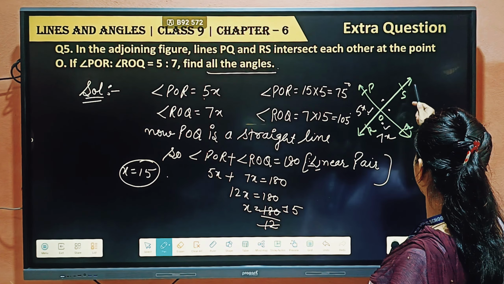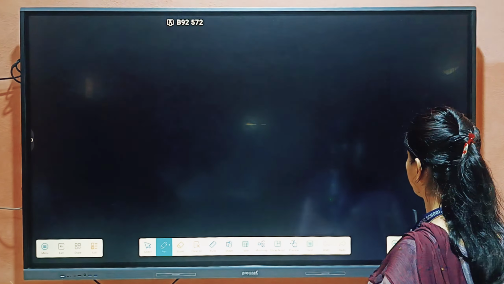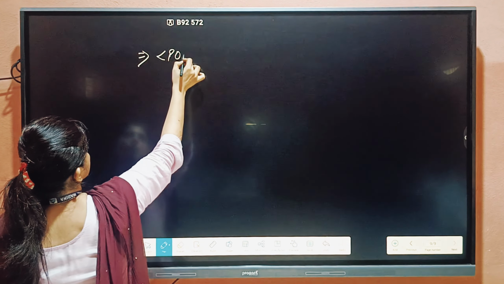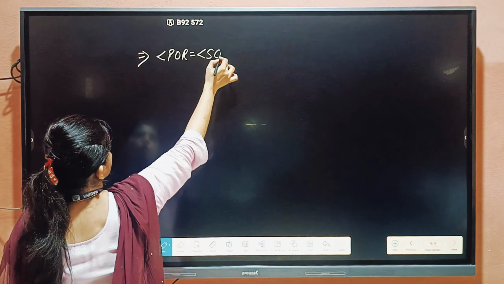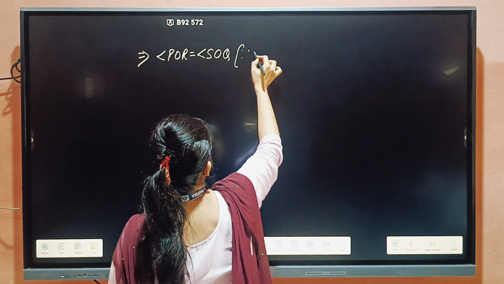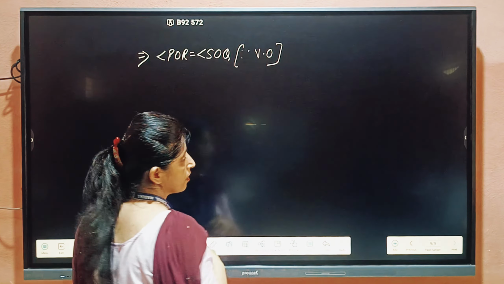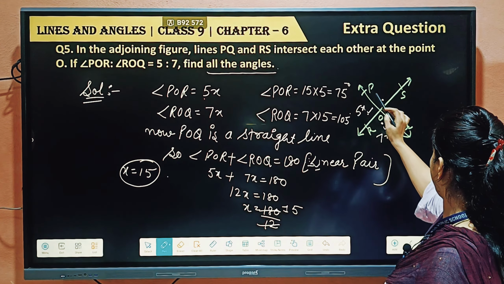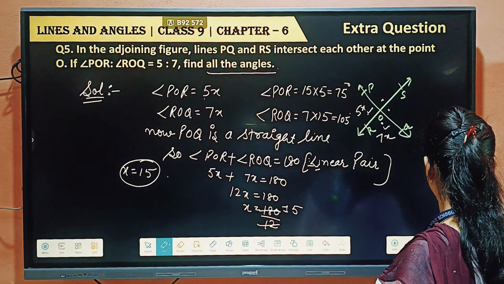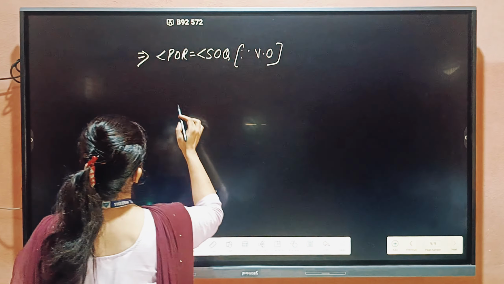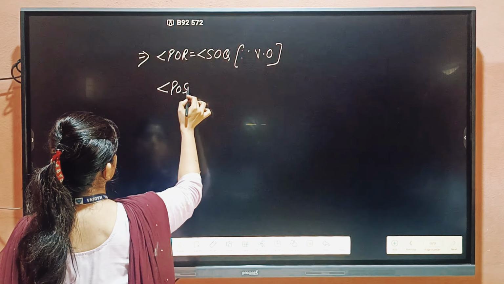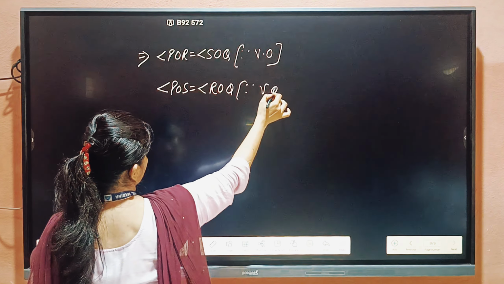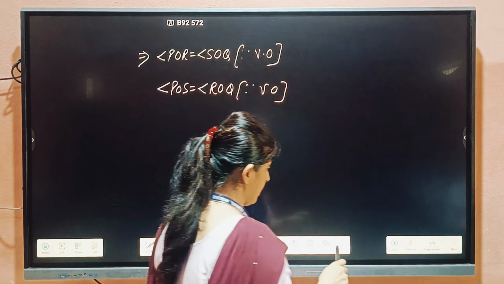Angle POR is equal to angle SOQ, because vertically opposite angles are equal. Same, POS equal to ROQ, that is also vertically opposite angles.